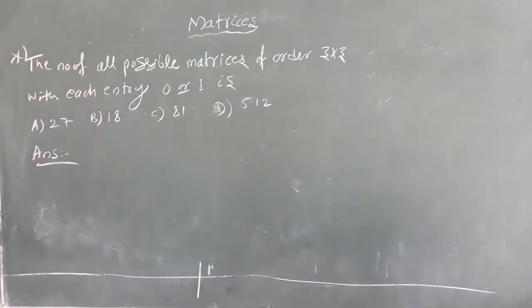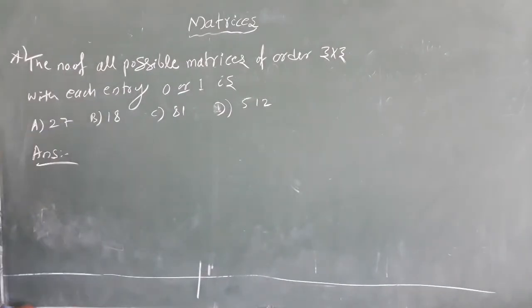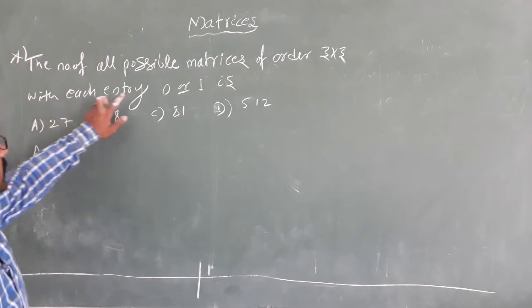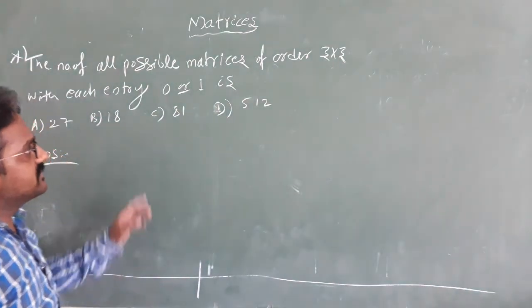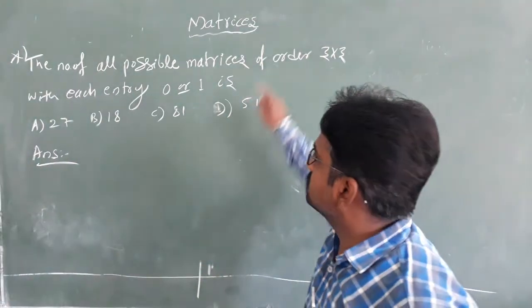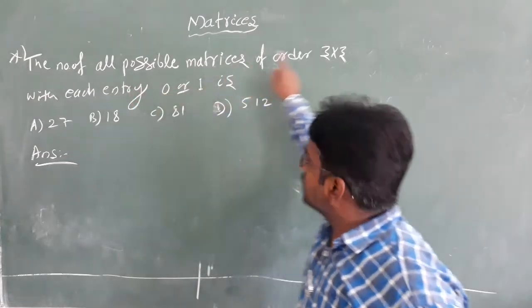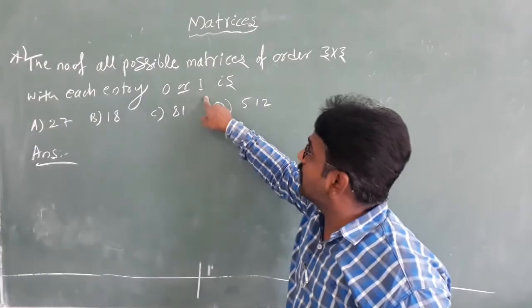Okay students, next important question for 1 mark. What do they ask here? The number of all possible matrices of order 3 cross 3 with each entry 0 or 1. They mentioned a matrix of order 3 cross 3, and it must contain the entry 0 or 1.